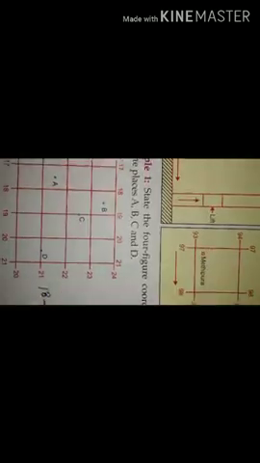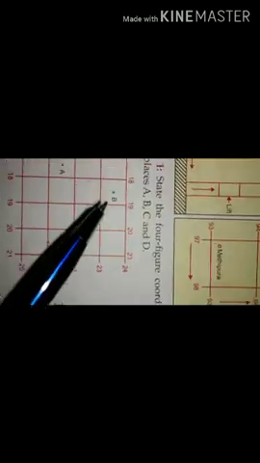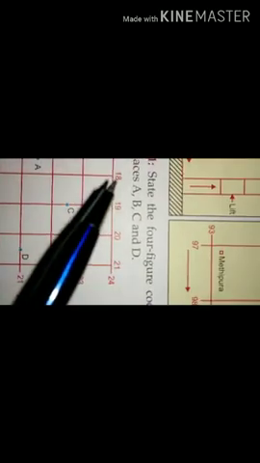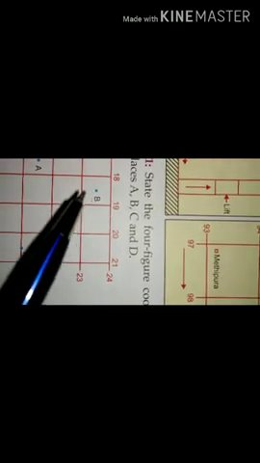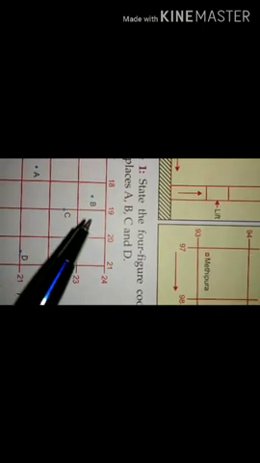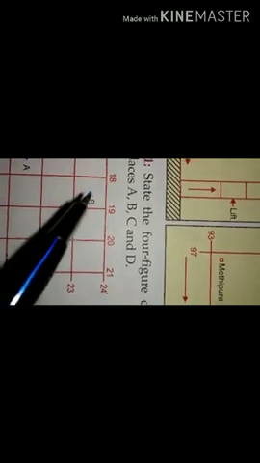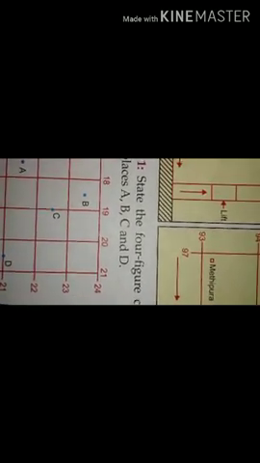How many lines? We divide it into 10 equal parts vertically, and then 10 horizontally. That is how it will change into 100 boxes. Understood now? Now I will show you in the next figure.